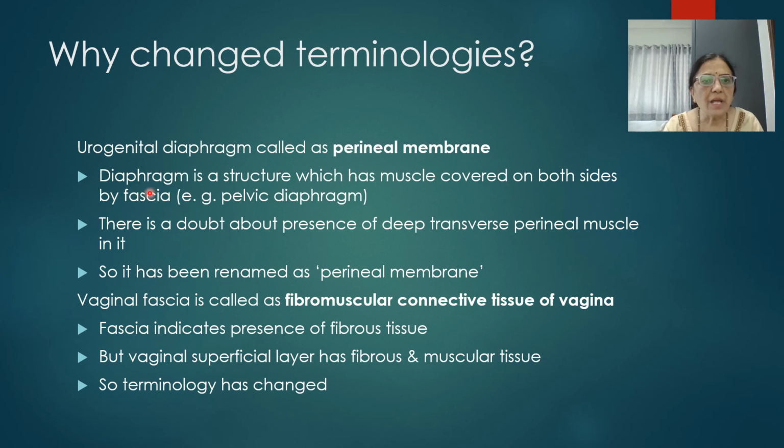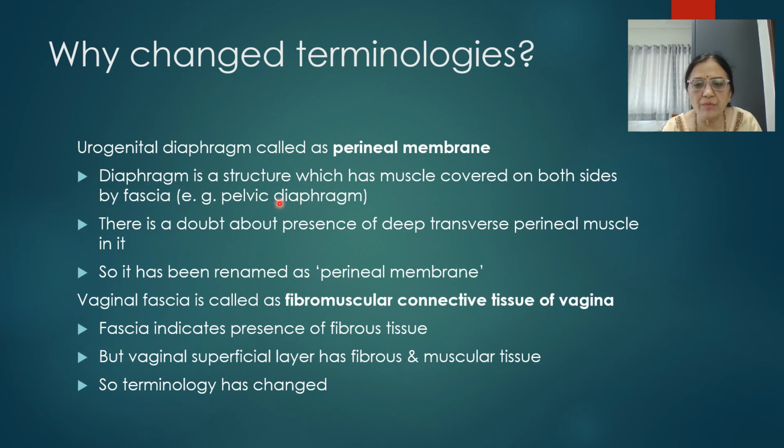The reason is diaphragm is usually a structure which has muscle in between, and it is covered on both the sides by fascia. For example, pelvic diaphragm where we have levator muscle, and it is covered by superior and inferior fascia, and that is why it is a correct terminology to call it as pelvic diaphragm.